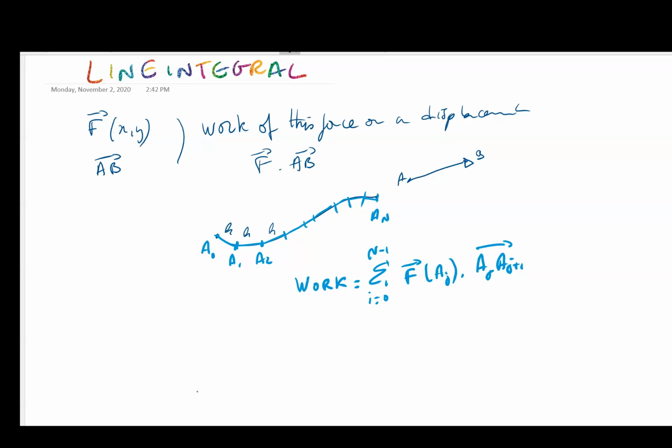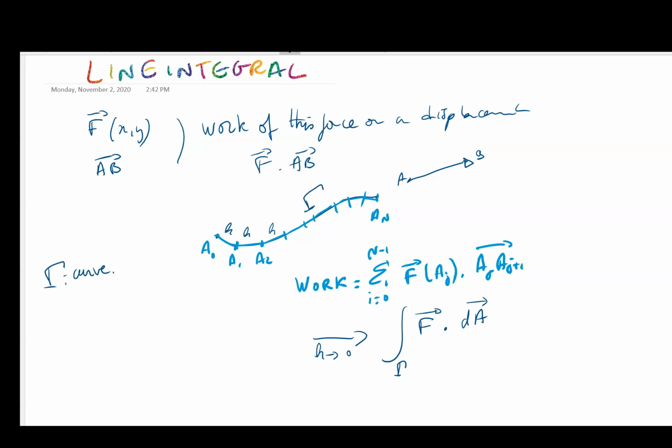So that limit as h tends to 0, for the moment, we're just going to say that's a notation of F times infinitesimal displacement da, and I'm going usually to use the capital gamma to denote the curve.